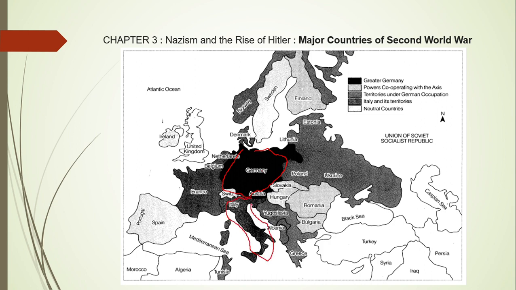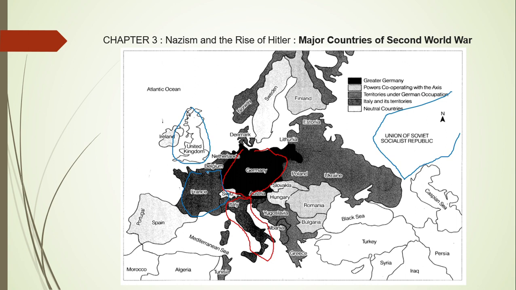Then these are the two Axis powers that we can see in the map of Europe. And similarly, with the blue, I can show it to you. This is the United Kingdom. Then this one is USSR. And here France. These are the important allied powers that we must know about.